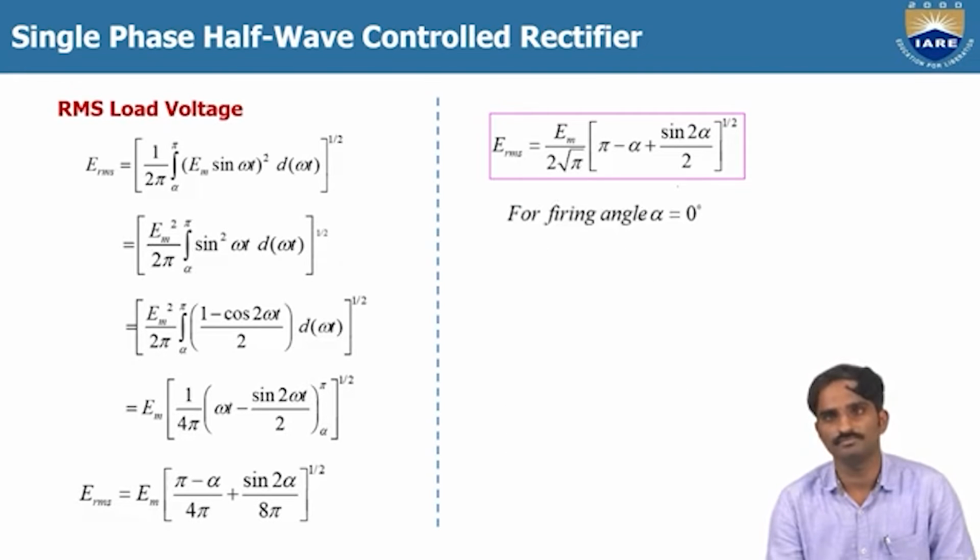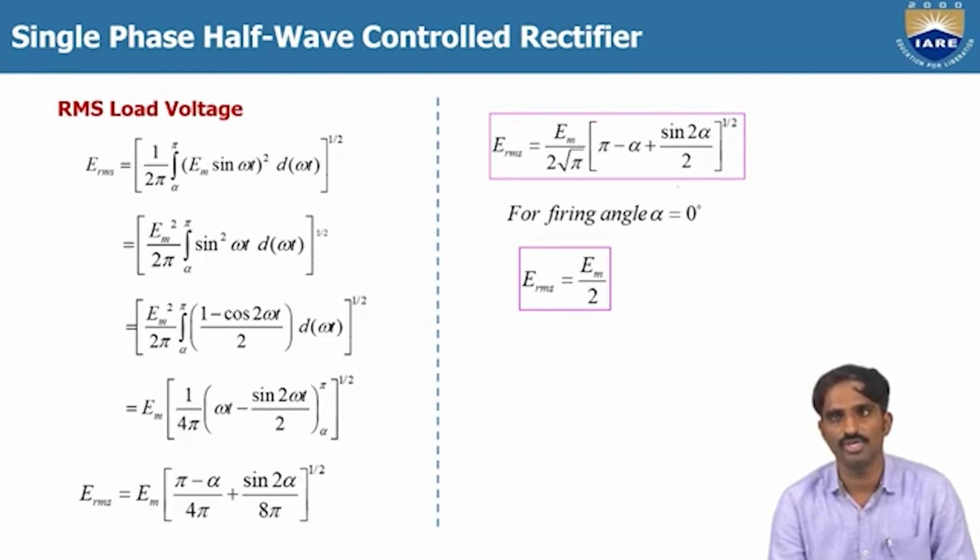Similarly, as we know, alpha is the key parameter to change the output voltage and current. Suppose the firing angle alpha is equal to 0, then we will get the maximum RMS voltage, which is ERMS equal to Em by 2. Because if you substitute alpha equal to 0, the pi gets cancelled, and sine 0 is equal to 0, so that term is 0.